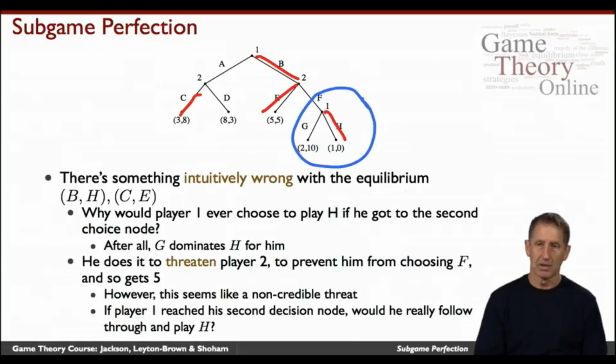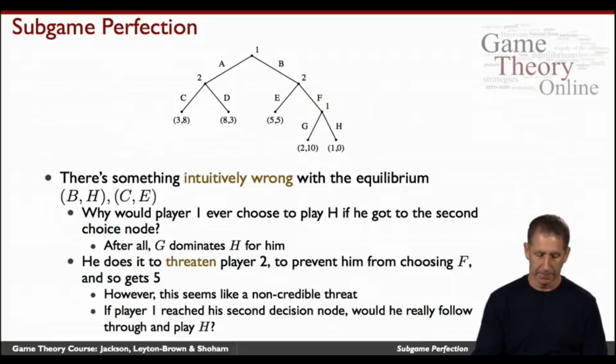So here's a subgame. It's a game of a single player, player 1, and the restriction of this Nash equilibrium is simply that action of going H, but this is not an equilibrium in this very simple tree because there's a profitable deviation to G for the player. And so while it's a Nash equilibrium of the whole tree, its restriction to the subtree here is not a Nash equilibrium, and therefore this Nash equilibrium is not subgame perfect.